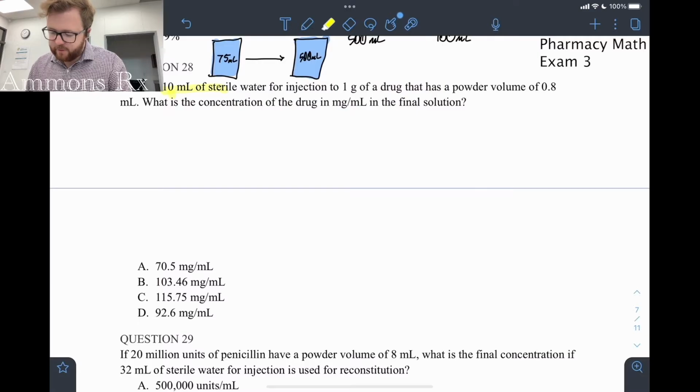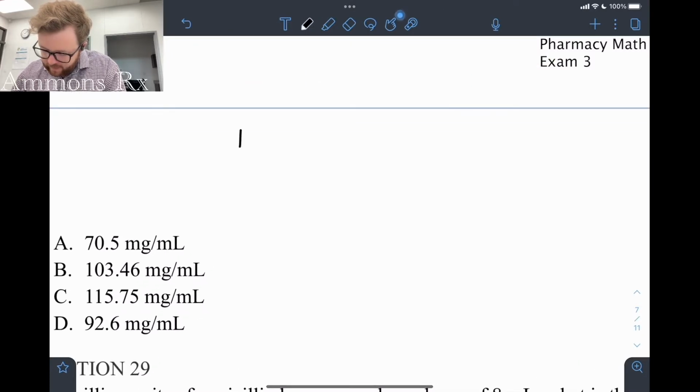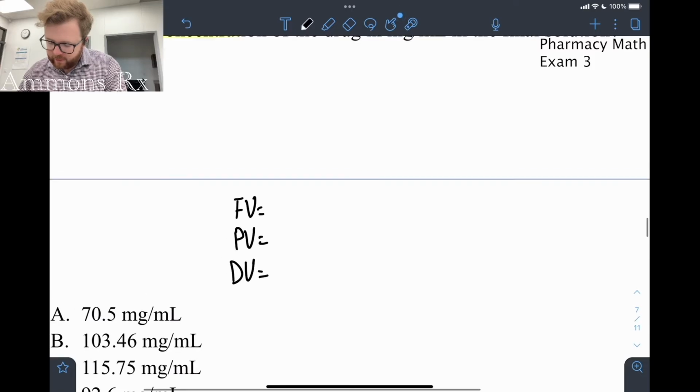You add 10 mils of sterile water to 1 gram of drug, powder volume of 0.8. Find the concentration of the final solution. FV, PV, DV. Let's see if we have any of those out right. Sterile water, 10 mils.